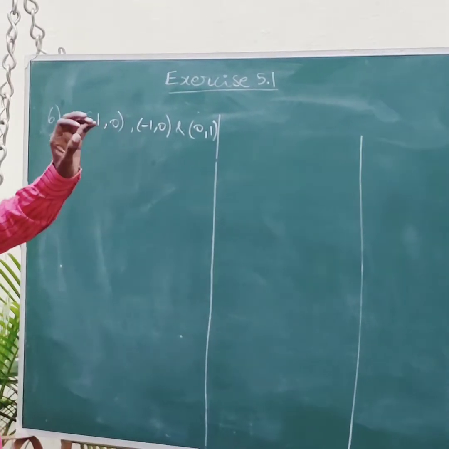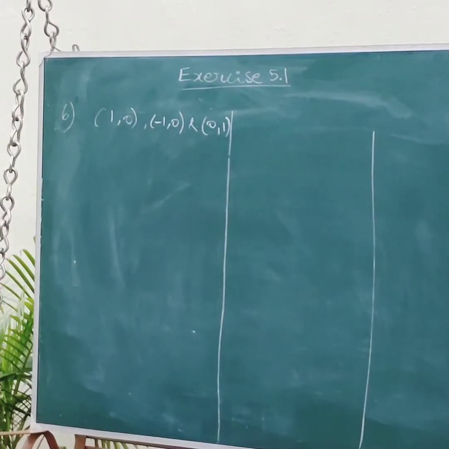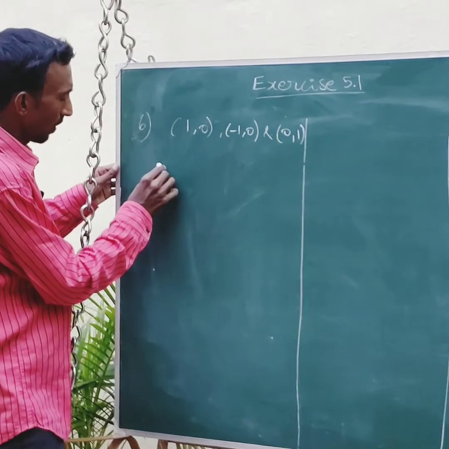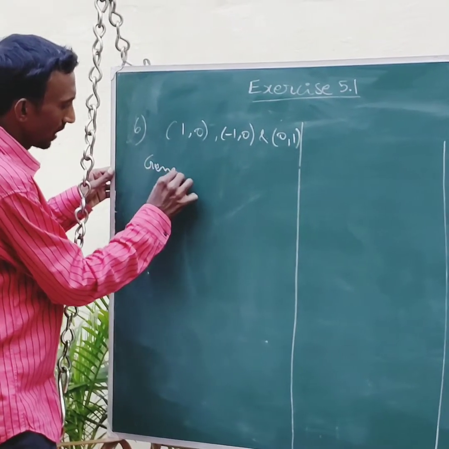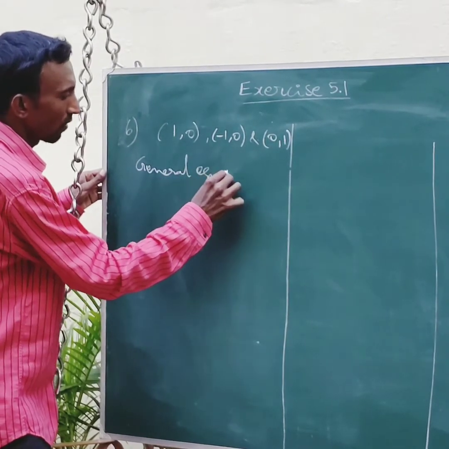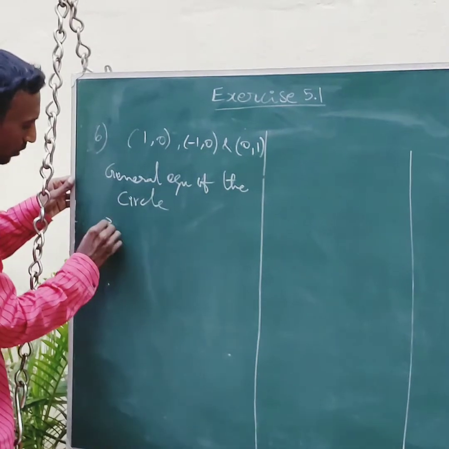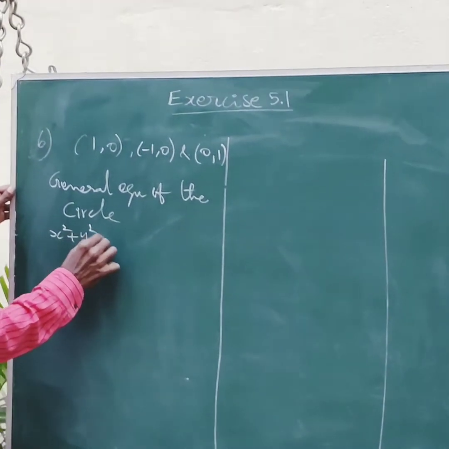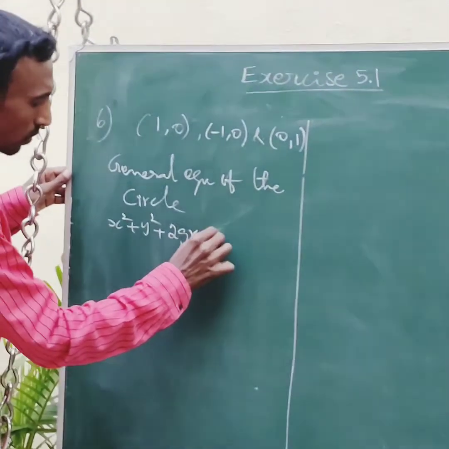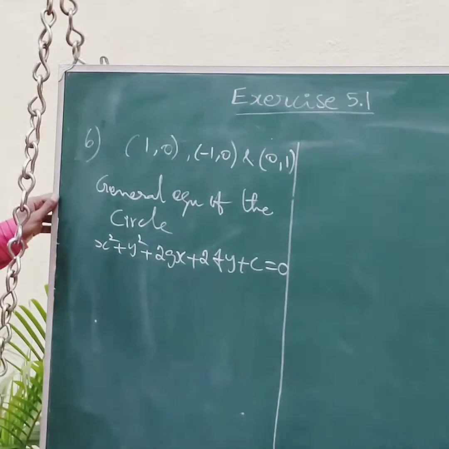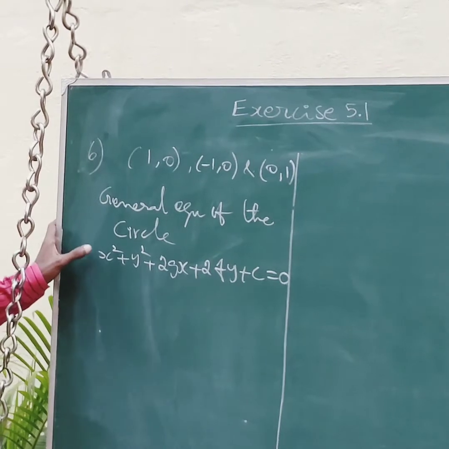If you want, you can refer to it. So now, to obtain the equation of the circle, first write down the general equation of the circle: x square plus y square plus 2gx plus 2fy plus c equals 0. Consider this is the required circle.